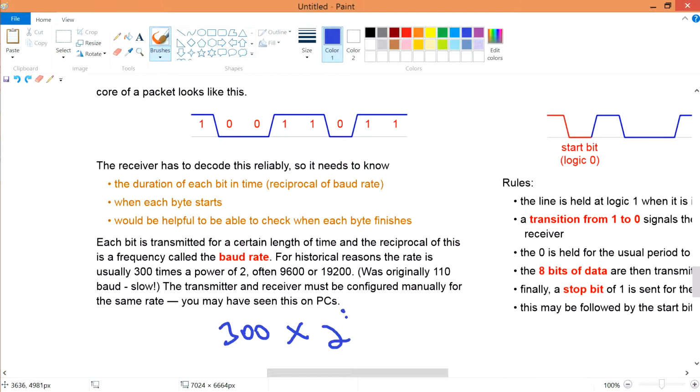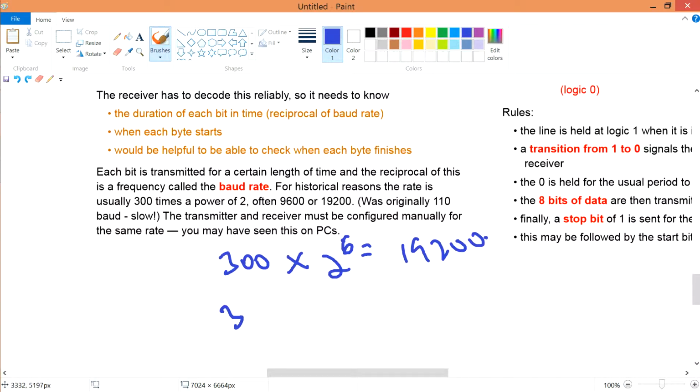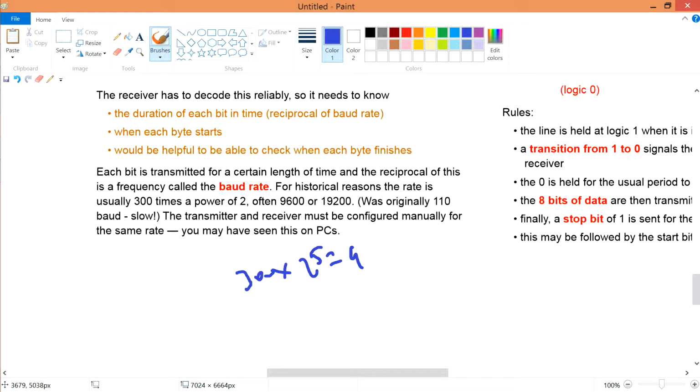If it's 300 times 2 to the power of 6, you get 19,200. If it's 300 times 2 to the power of 5, you get 9600 bits per second. So it depends on the power. I just leave you to think about it. But anyway, the rate itself is usually 300 times 2 to the power of something. So 300 times 2 to the power of 5 gives you 9600. This is just the meaning of it.